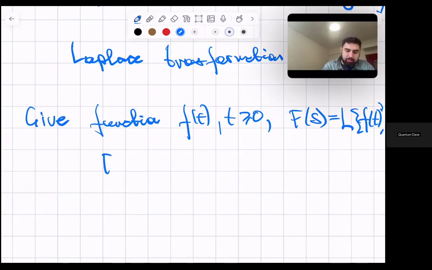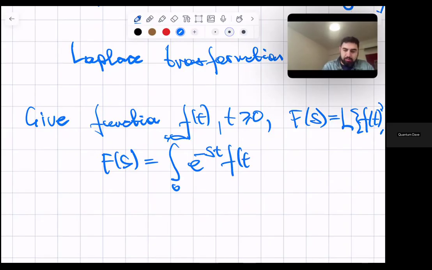And what F(s) means is the integral from 0 to infinity of exponent minus st f(t) dt.